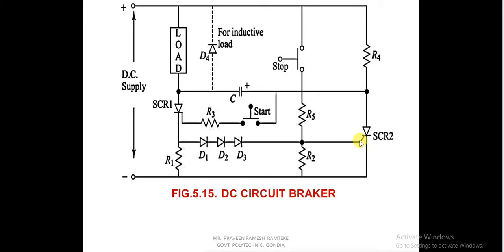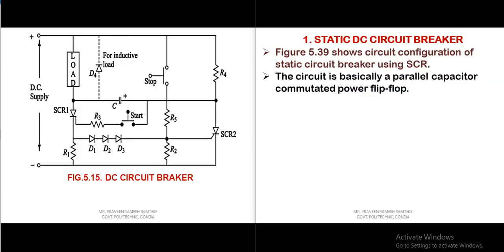Now we will discuss the working of this circuit diagram, how the DC circuit breaker works. If we take a close look at this circuit, basically it is a parallel capacitor commutated circuit, which means it is class C commutation. Here this parallel capacitor is used to commute the SCRs.